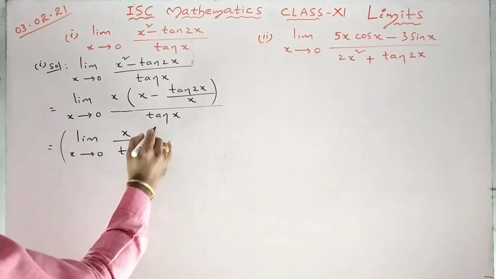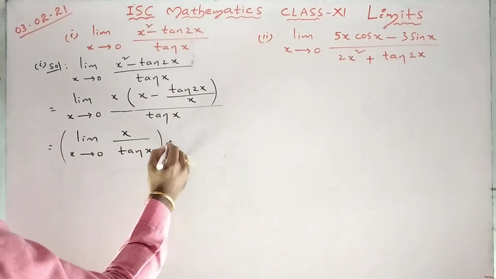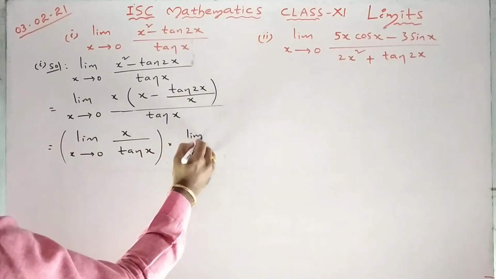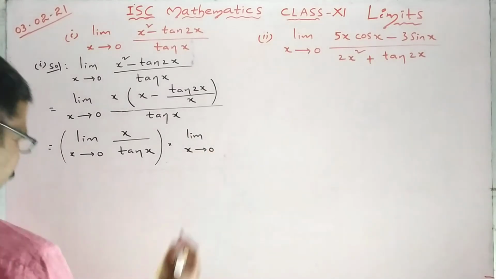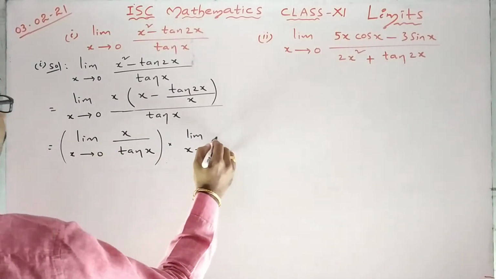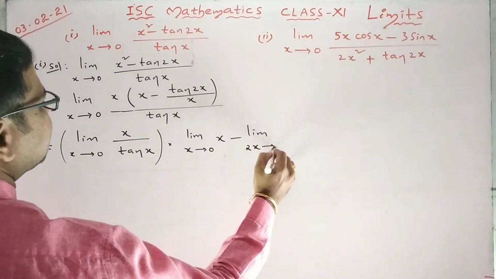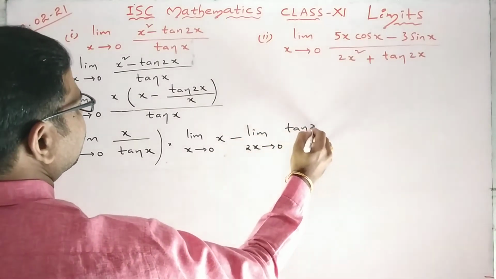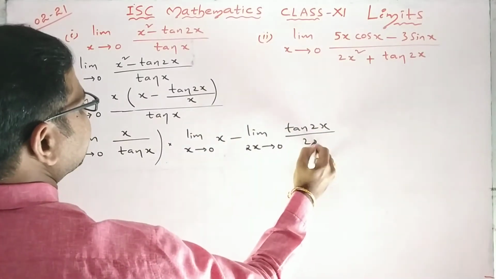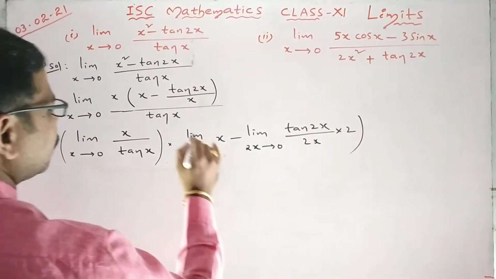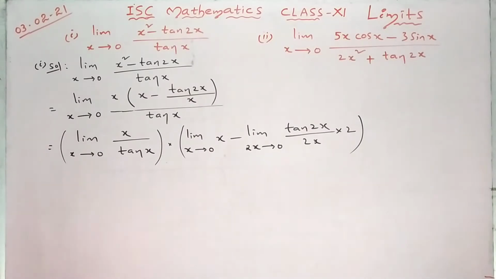This is one limit. And here also we will take limit x tending to 0, x minus limit 2x tending to 0, tan 2x by 2x into 2. Hope that step is clear.